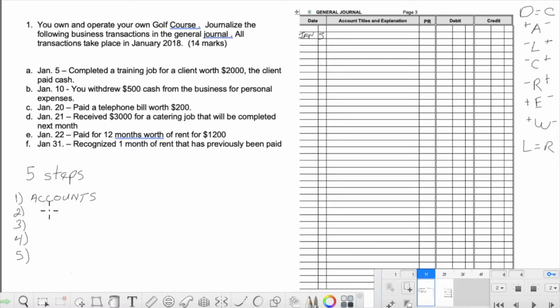So you're going to pick the accounts. And then the next thing we're going to determine is whether it goes up or it goes down. Right? And then we're going to follow which heading it falls under in LCRU. And then number 4, we're going to fill it in.